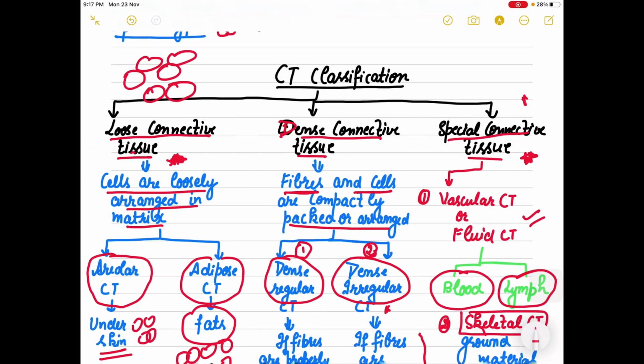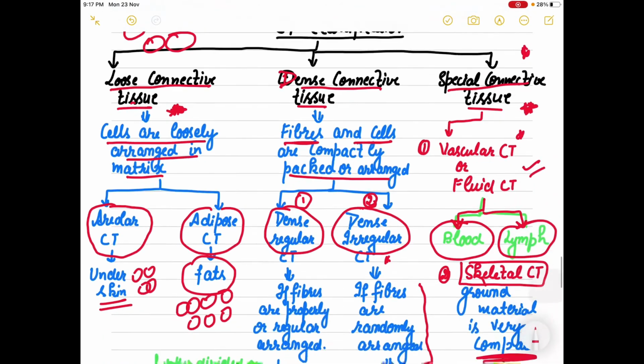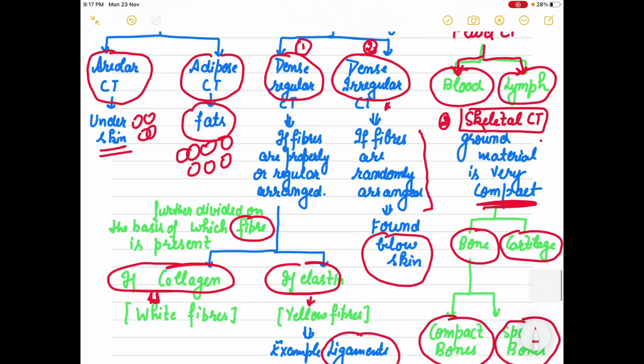We have special connective tissue, in which the first category is vascular connective tissue or fluid connective tissue, which is further of 2 types, blood and lymph. Second category is skeletal connective tissue, in which ground material is very, very compact, and it is also of 2 types, bone and cartilage.